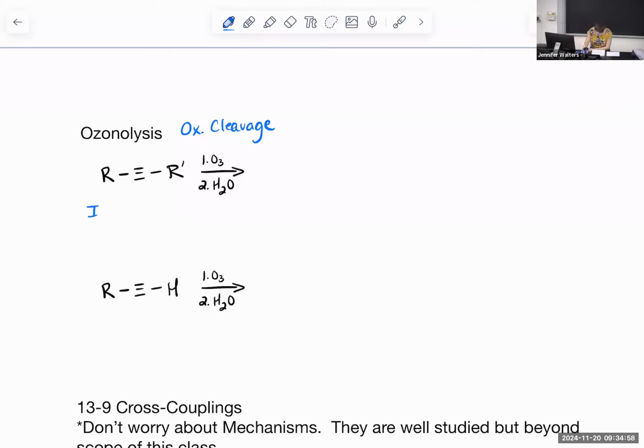So if you have an internal alkyne, it doesn't need hydrogen peroxide anymore. It's going to make my 2 carboxylic acids.